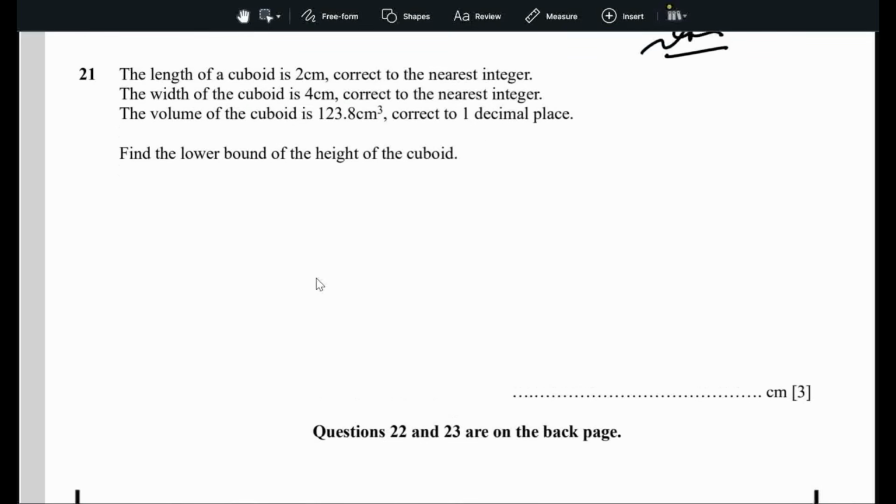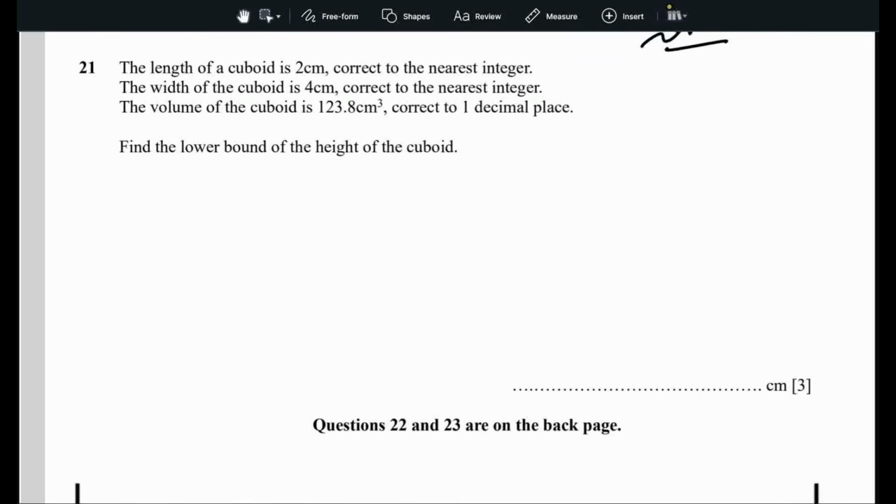Let's move to question number 21. The length of the cuboid is 2 centimeters, correct to the nearest integer. Correct to the nearest integer means 1 by 2, so the upper bound will be 2.5, because we add plus 0.5 and minus 0.5, and the lower bound will be 1.5.